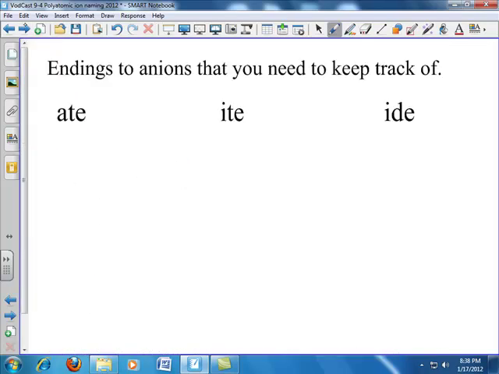So right now you basically have three endings that you really need to keep track of, and it's important to keep track of these. You have an ATE ending, and I want to see this in your notebook. This page, everything I write here should be in your notebook. You have this ATE ending, which if I have an SO4 2 minus, that's a sulfate.